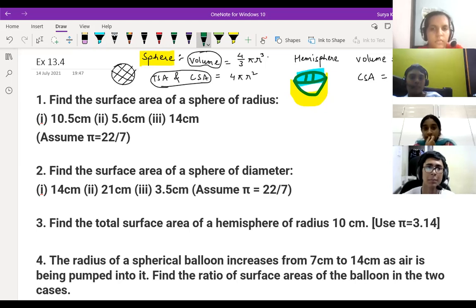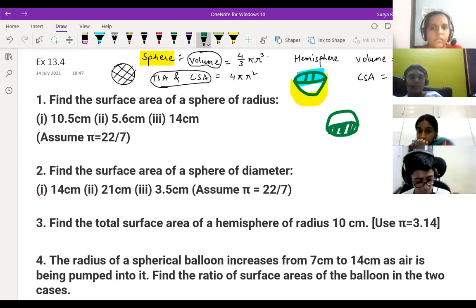Not getting it? Suppose like a katora, you have heard this one, a bowl-like thing. So the flat surface is also coming here, right? And if you see the sphere, nothing is flat over there. So in case of a sphere, CSA and TSA are both the same.